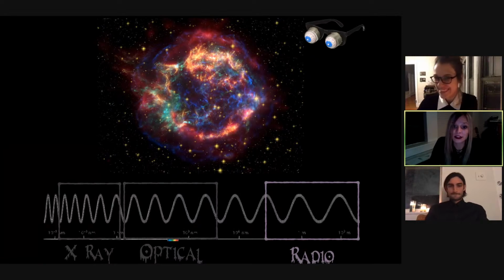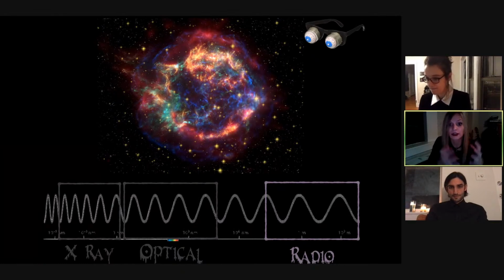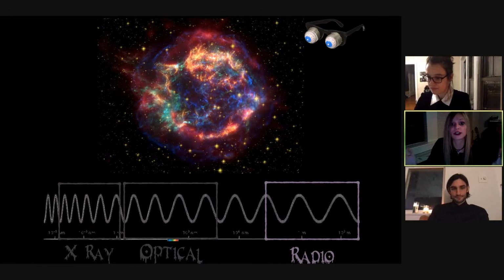This image you're looking at is actually composed of optical wavelengths from Hubble, infrared, and Chandra X-ray images all overlapped together to help you see the colors you're looking at here. And the shock of this supernova is expanding into the interstellar medium.